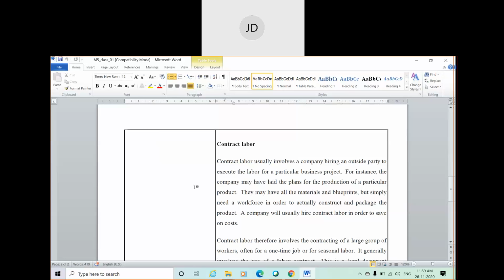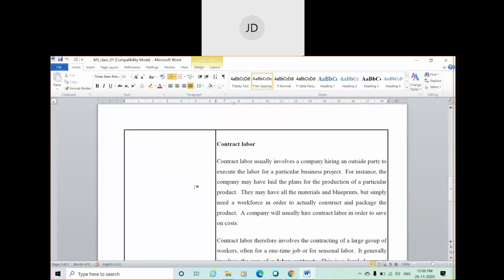Contract labor usually involves a company hiring an outside party to execute the labor for a particular business project. For instance, the company may have laid the plan for the production of a particular product. They may have all the materials and blueprint, but simply need a workforce to actually construct and package the product.